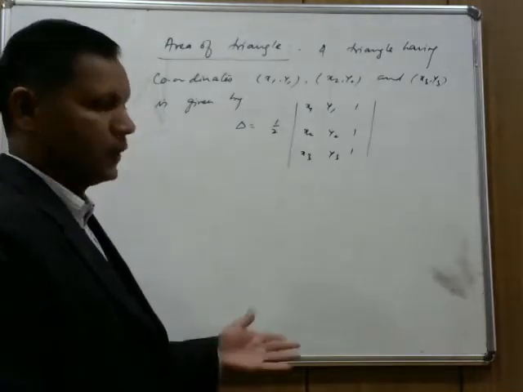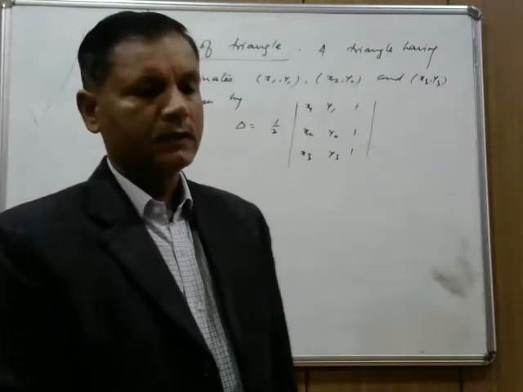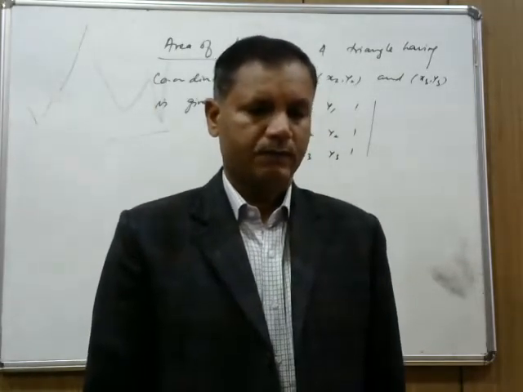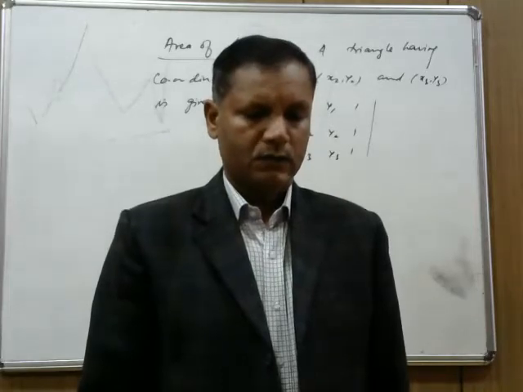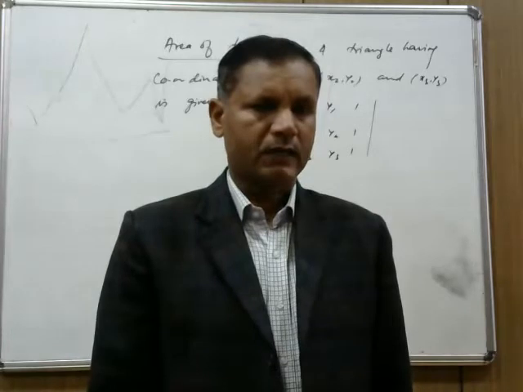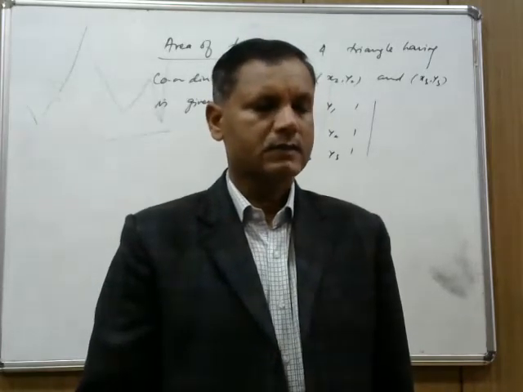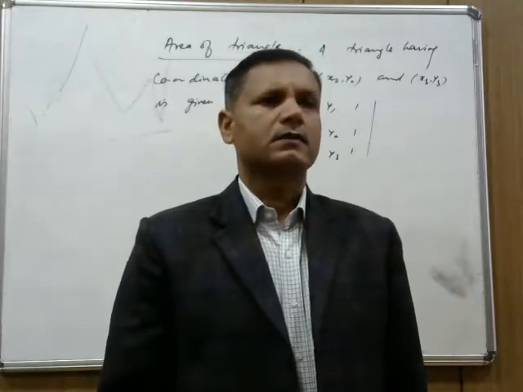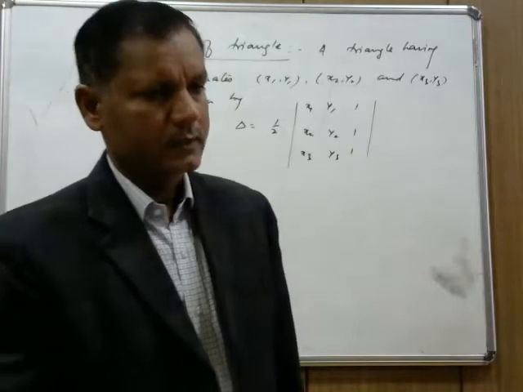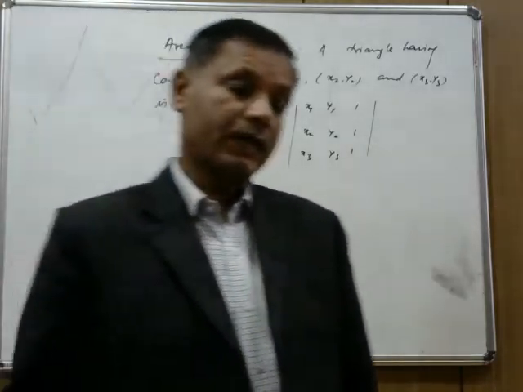Sometimes, if you get a negative value of the determinant, then you must take the value as positive, because the value of a determinant can be negative or positive, but the area of a triangle cannot be negative. That's why, if after solving you get a negative value, you write it as the positive one.